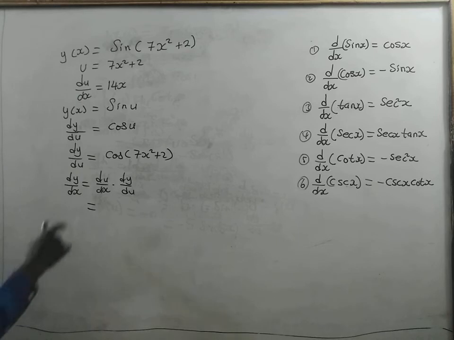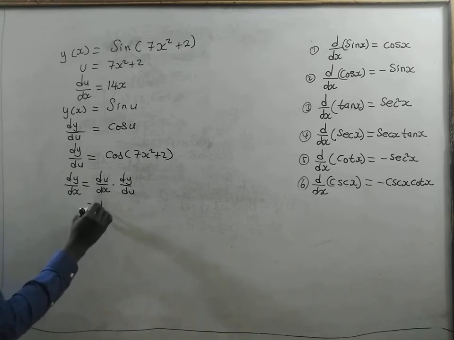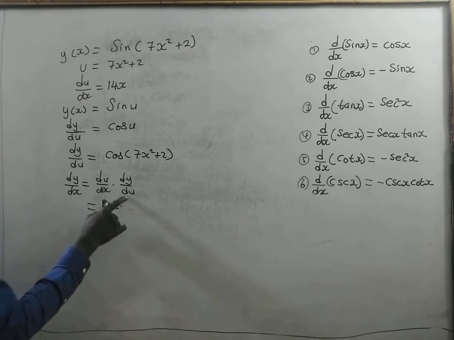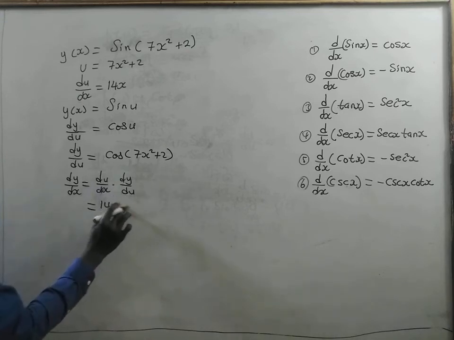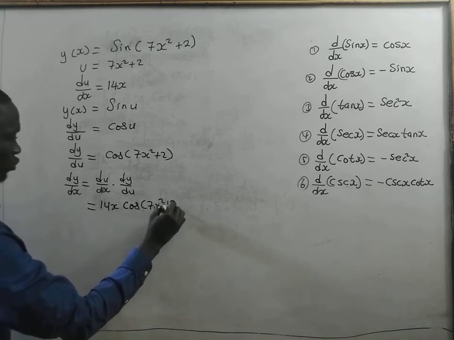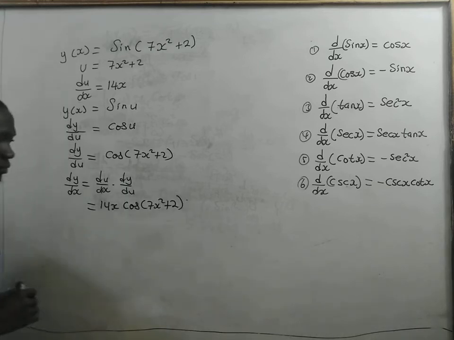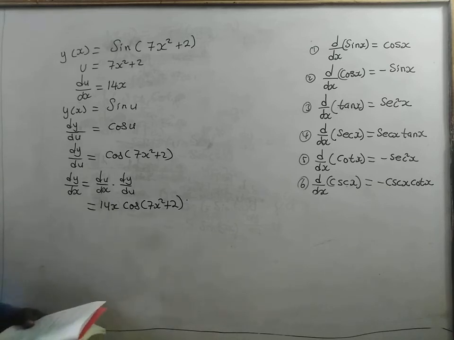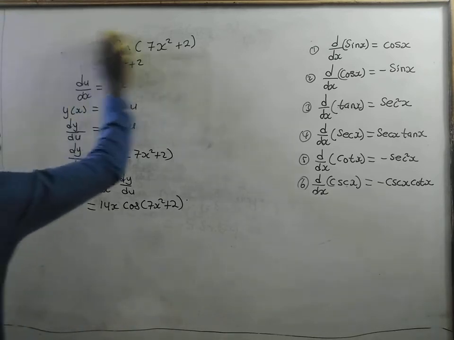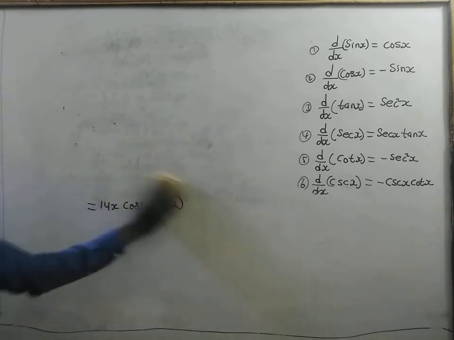So we take du dx, that is 14x, times dy du, that is cosine of this. So let me put it there, times cosine of 7x squared plus 2. Very simple as that. Now, let me take that one too. We've done this. So we are left with 3 examples for us to go.